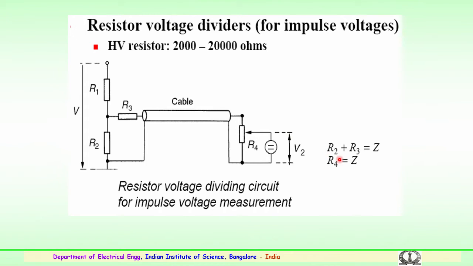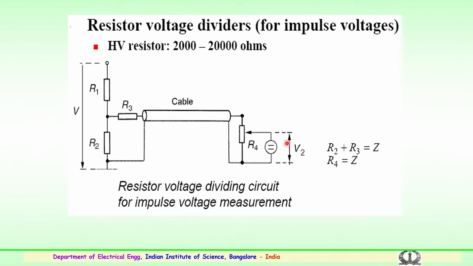Here again R2 and R3 should be equivalent to the impedance Z, and the R4 value should also be equivalent to the impedance. So suitable terminations have to be used depending upon the cable being used for the measurement.